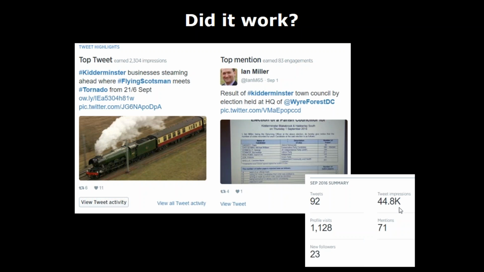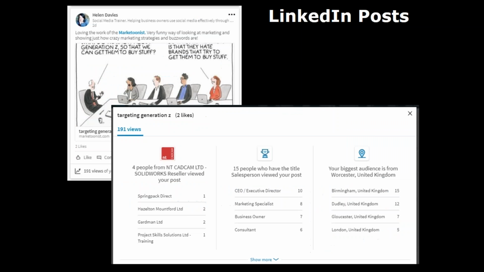Okay, so the next one is LinkedIn posts. LinkedIn recently has increased the emphasis on engagement with the platform. So to encourage people to use LinkedIn more and use it more proactively, they've made activity prevalent on your profile.